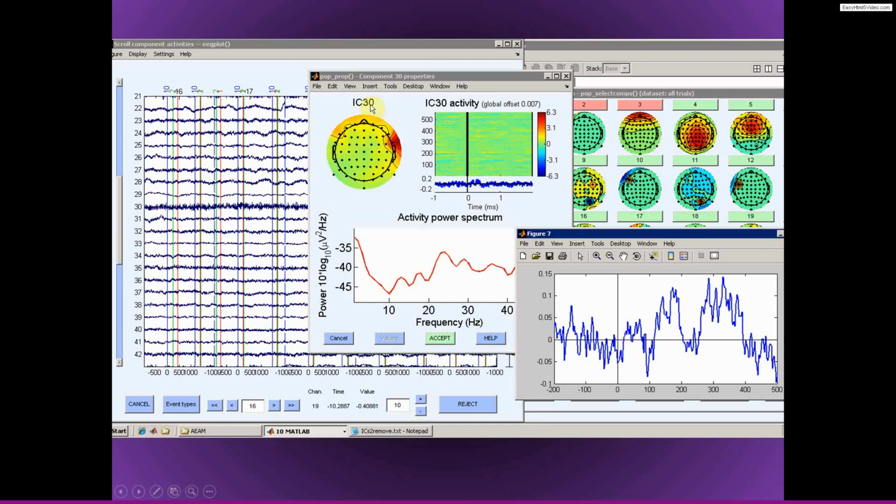But another thing to keep in mind is that these components are numbered. They're ordered in terms of how much variance they account for in the data. In this case, we have 64 electrodes, and component number 30 means that this component is actually accounting for very little variance in the data.